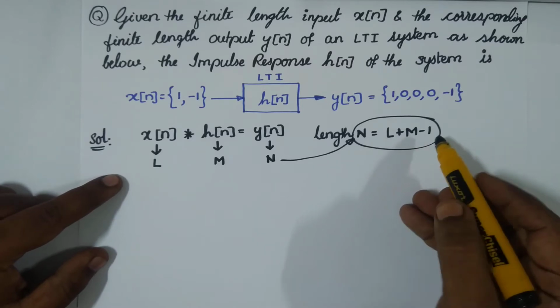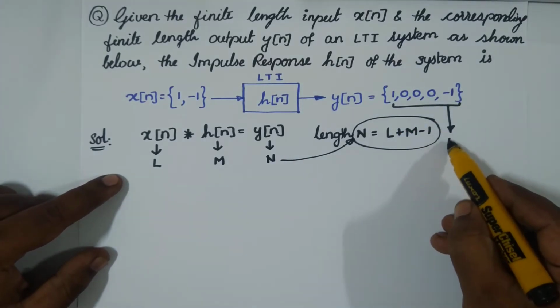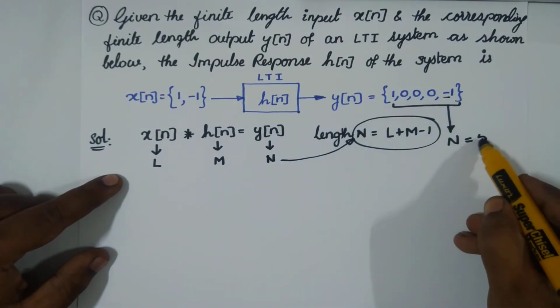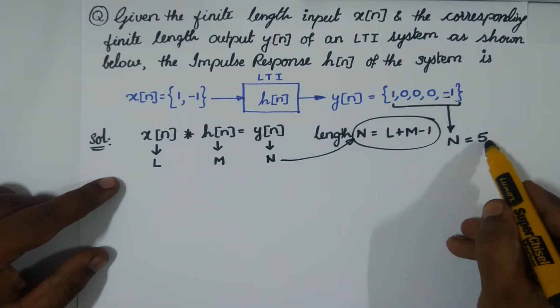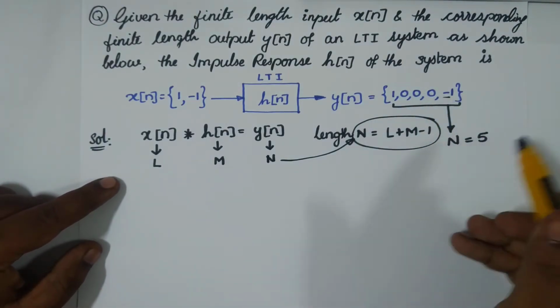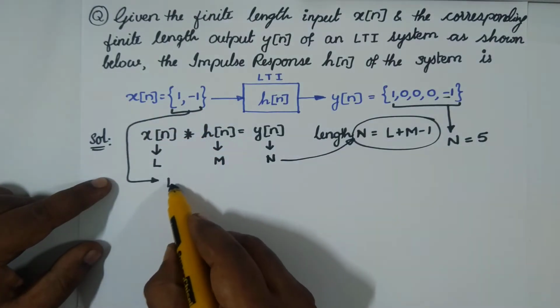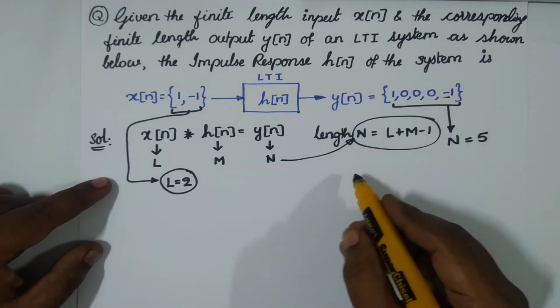Now if you observe carefully, the output length N in this case is how many samples? Of course, we also have to include zeros. So we have 5 samples on the output side, and the length L is equal to 2. So L equals 2 and N equals 5.